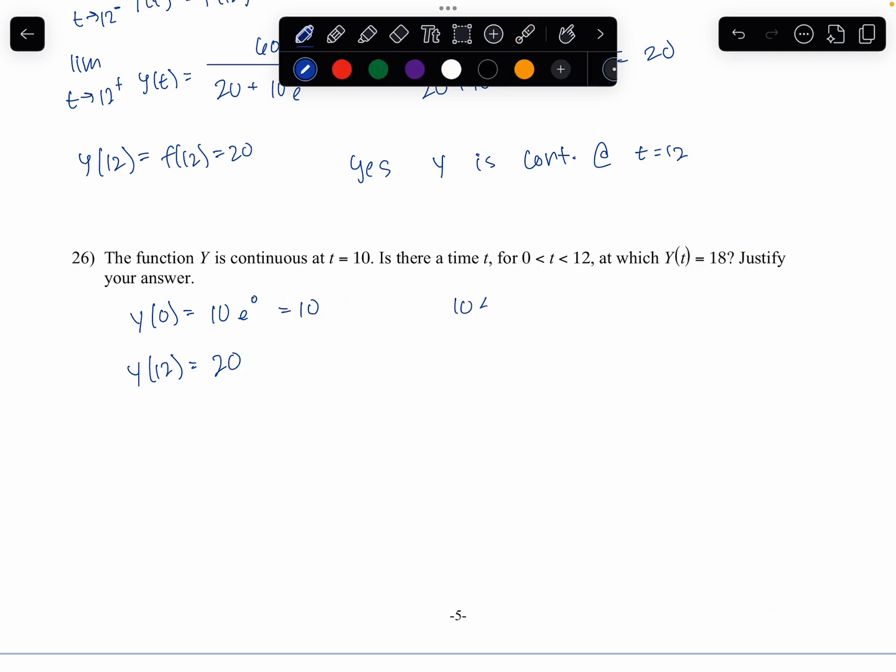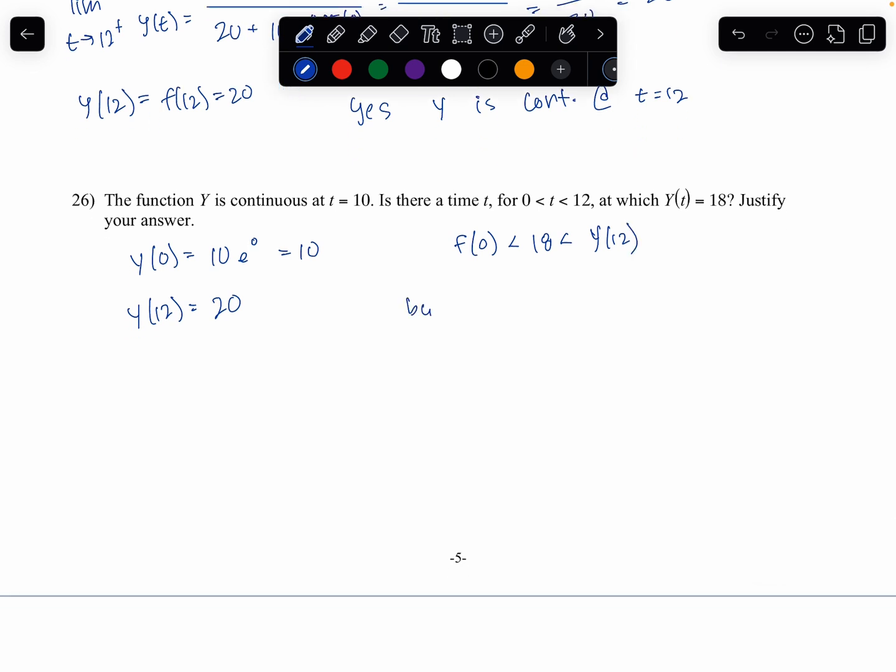I'll just say this: y of 0 is less than 18, and that's less than y of 12. I'm going to say that right there.